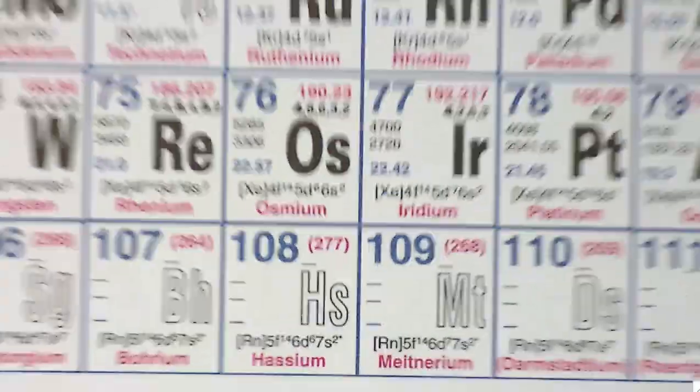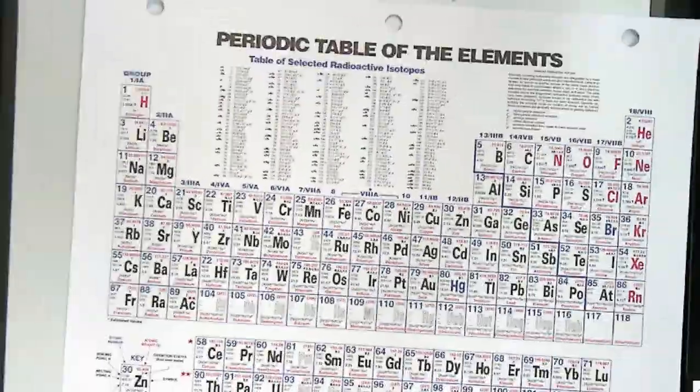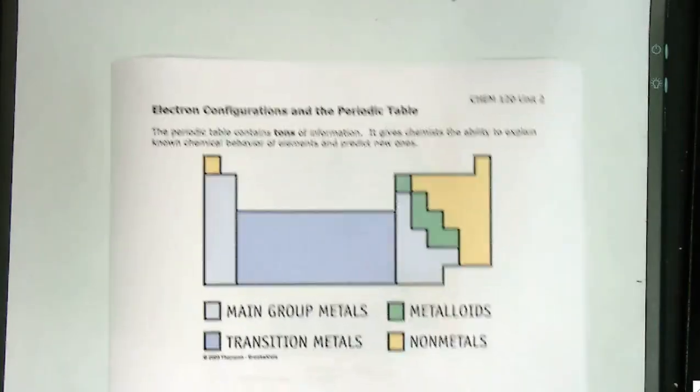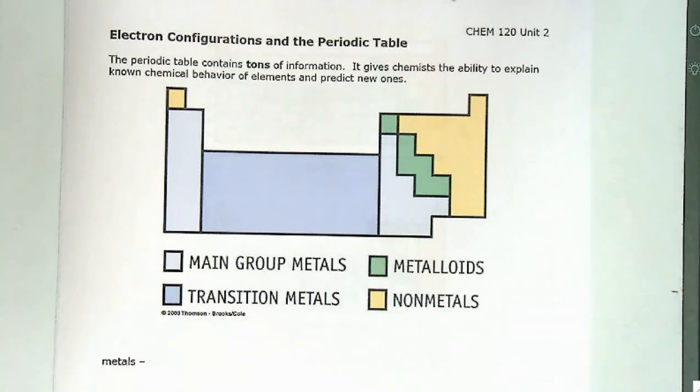But anyways, we don't want you to memorize the periodic table, you don't have to do that. This is what the one that you're going to be using at the testing services will look like. Now back to the simpler one. We'll start here, and then we'll get a little bit more advanced.